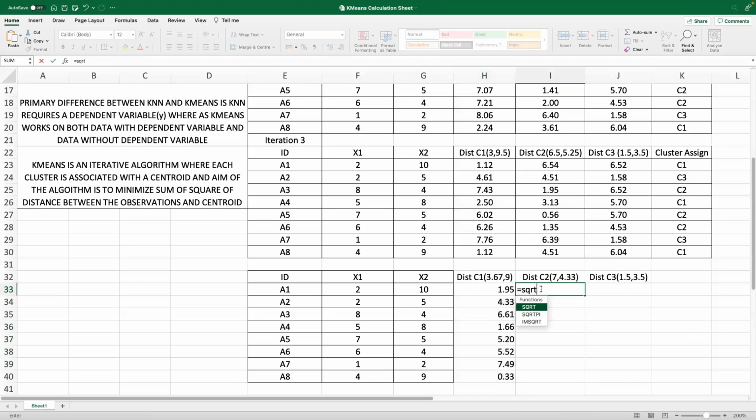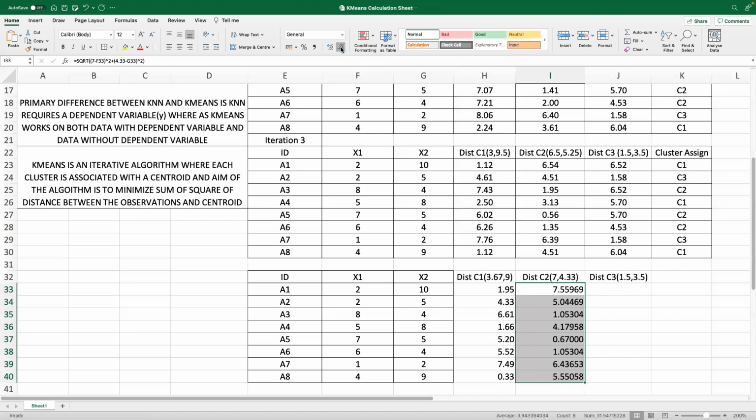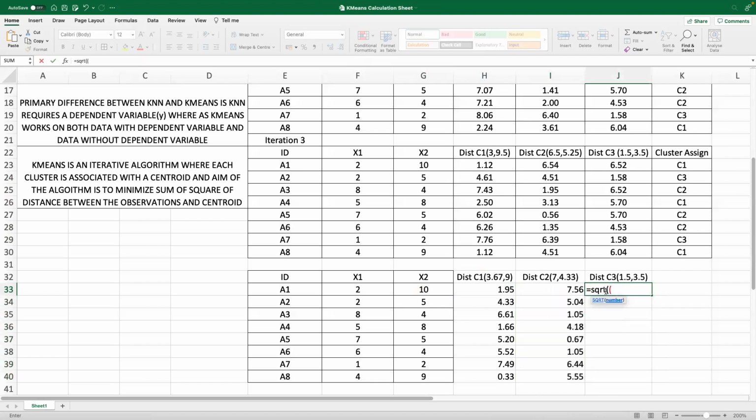Equal to SQRT, open two brackets, 7 minus 2 to the power of 2, plus 4.33 minus this to the power of 2, close bracket. And this would be equal to SQRT, open two brackets, 1.5 minus 2 to the power of 2, plus open bracket 3.5 minus 10 to the power of 2, close bracket.